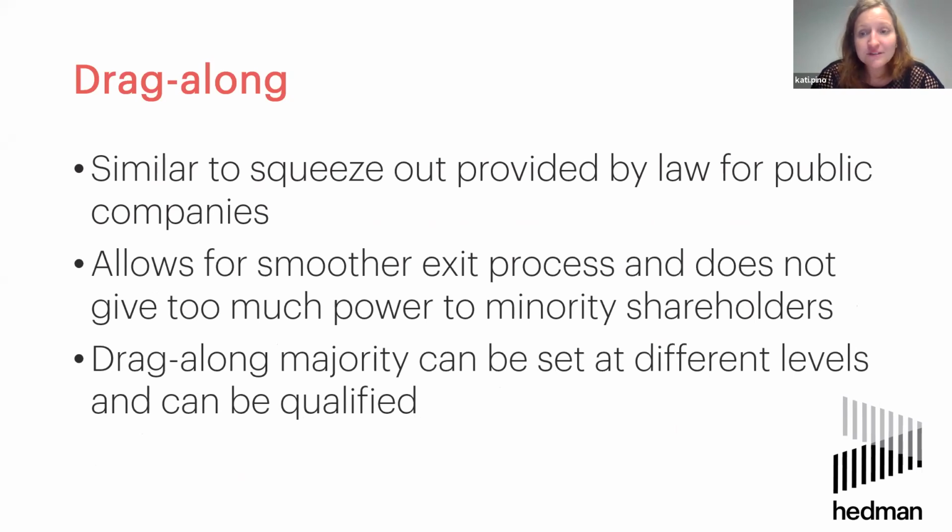Yep, the drag along majority can be at different levels. So it can be just a simple majority, it can be a qualified majority. For example, it can be said that it has to include both investors and founders. So no right or wrong way, again, just have it set at something.